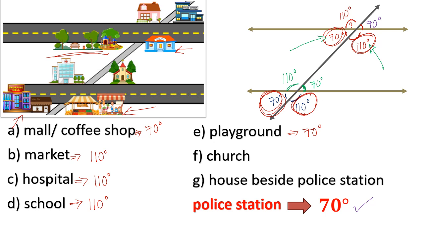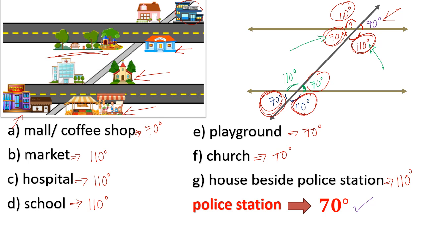So our church is here. So that means it's going to be 70 degrees. And lastly, for our house beside police station, this is our police station in the original illustration. So the house is here. So it's going to be 110 degrees.